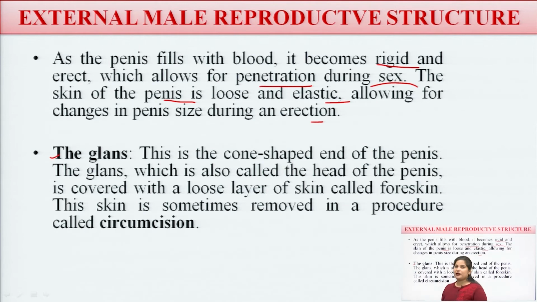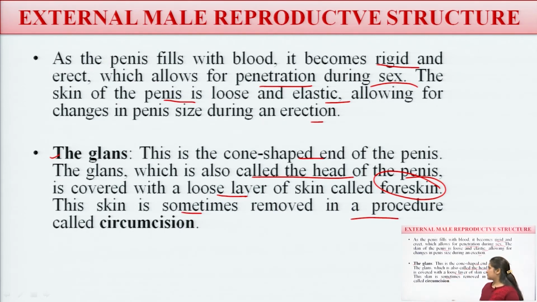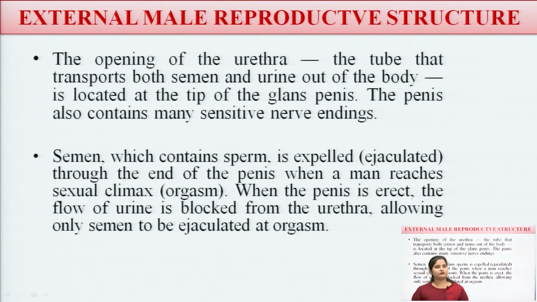Now the last part of the penis is the glans. The glans is the cone-shaped end of the penis, also called the head of the penis, and it is covered with a loose layer of tissue called the foreskin, which is sometimes removed in the process of circumcision. Next is the opening of the urethra, the tube that transports both semen and urine out of the body.